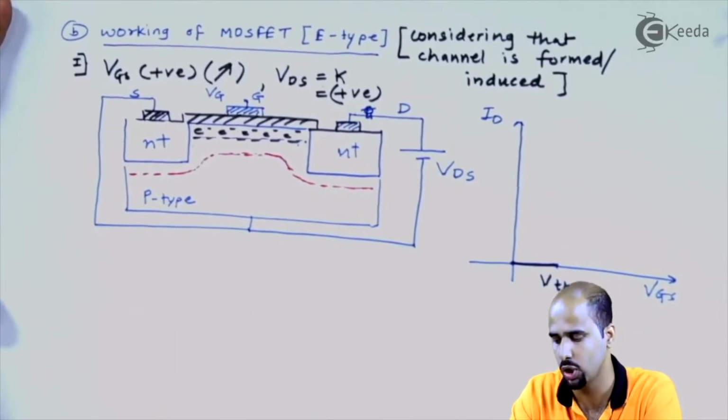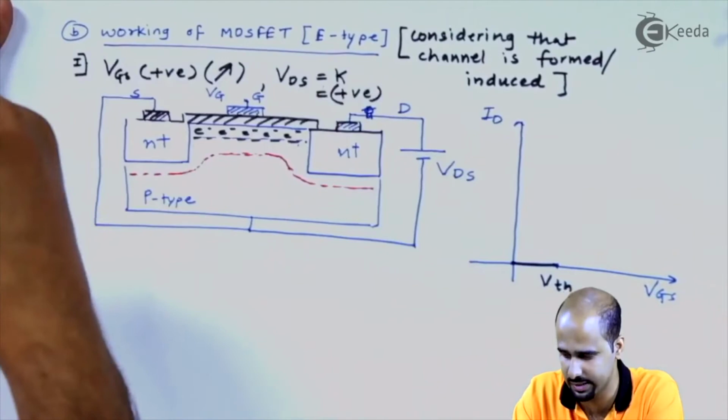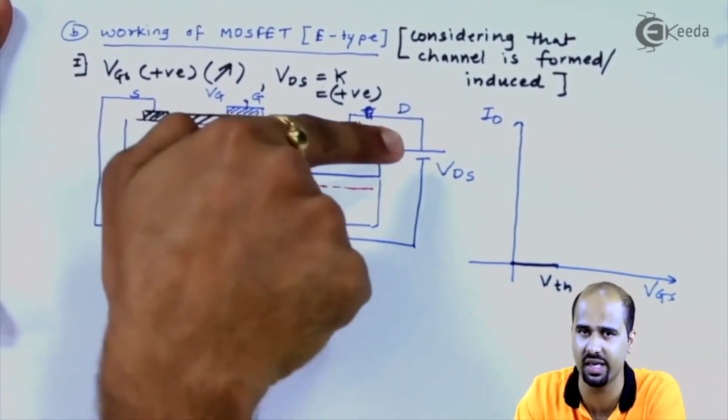Okay, so if drain is more dominant, then I can say that yes, electrons will move towards the drain side.